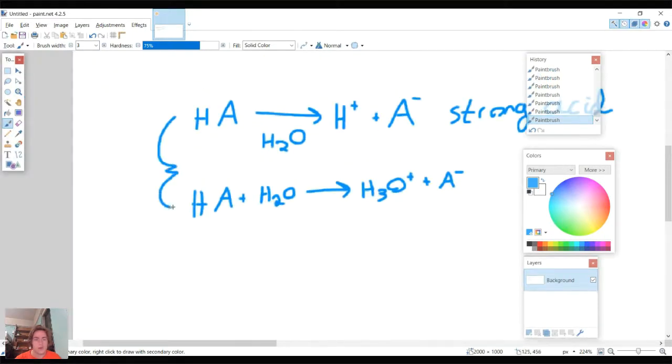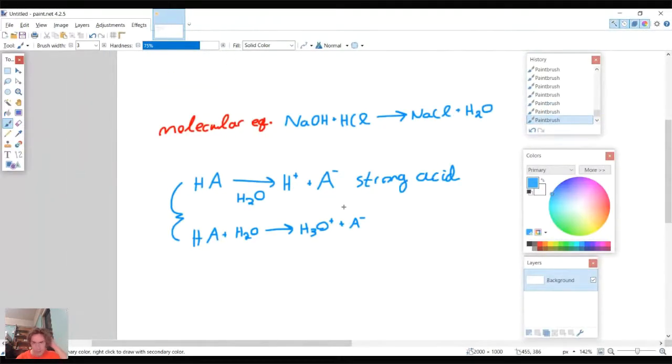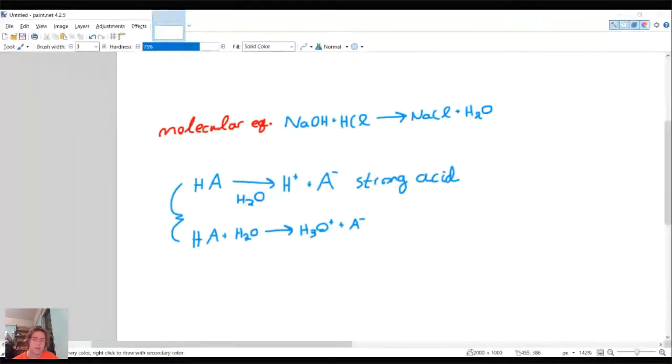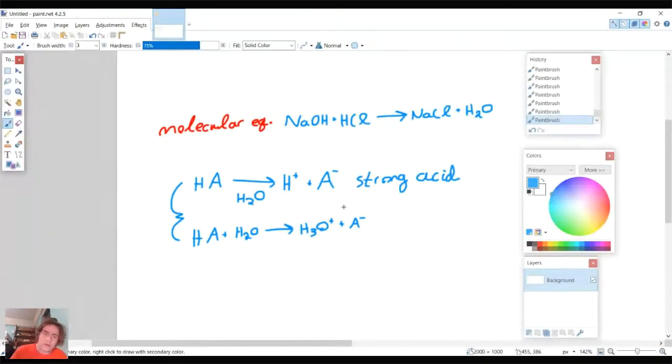These two are almost intuitively equivalent. So any strong acid is soluble, including sulfuric acid, hydrobromic acid, hydrochloric acid, all the strong acids that you should remember from your acid-base unit.